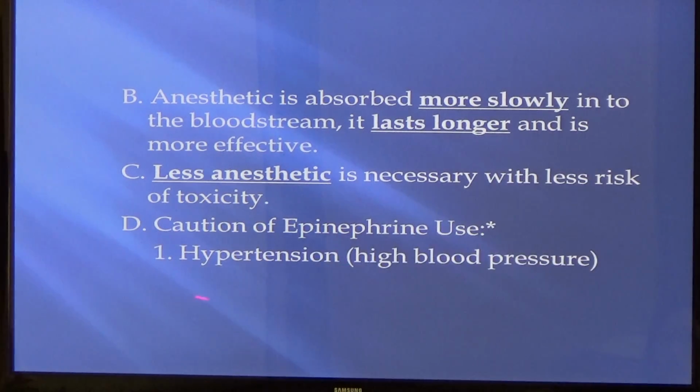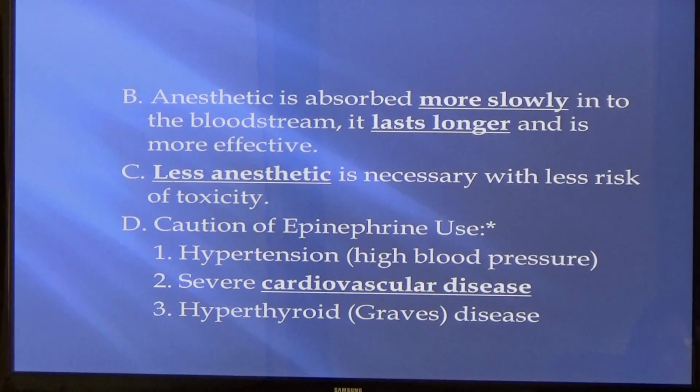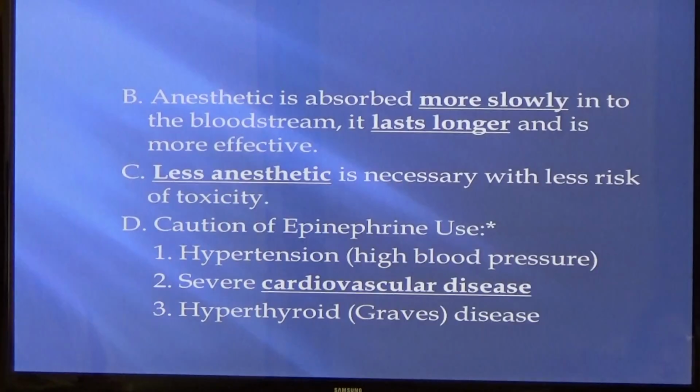So again, you want to pay attention because you don't want to give too much epinephrine to somebody that has high blood pressure or has any heart problems, severe cardiovascular disease, or hyperthyroid. Those three: hypertension, cardiovascular disease, or hyperthyroid, which is Graves' disease.